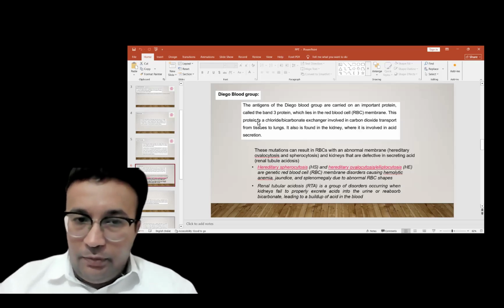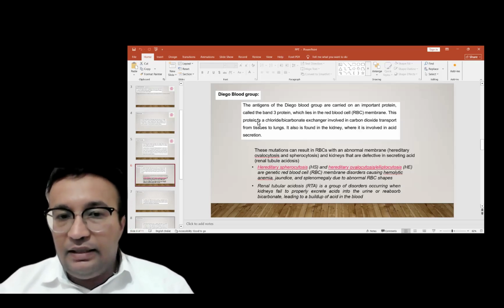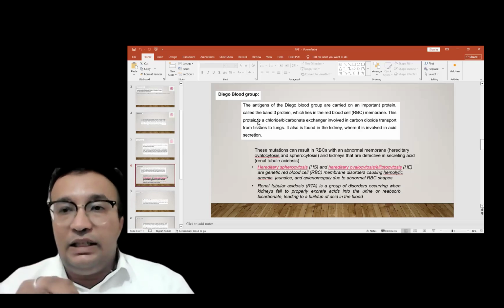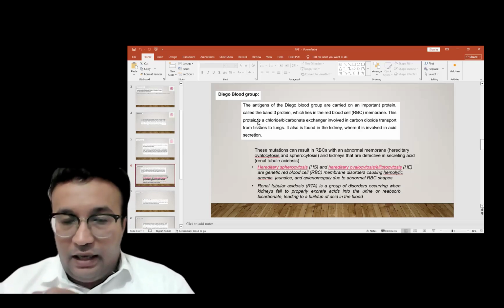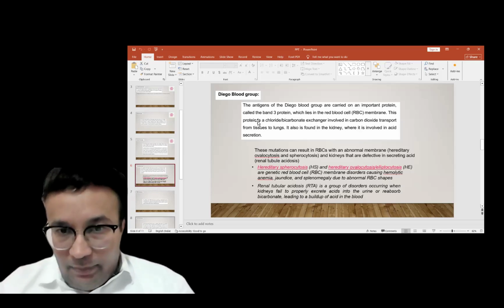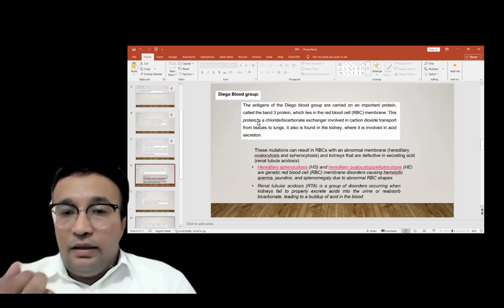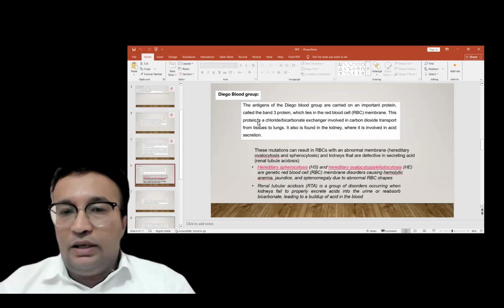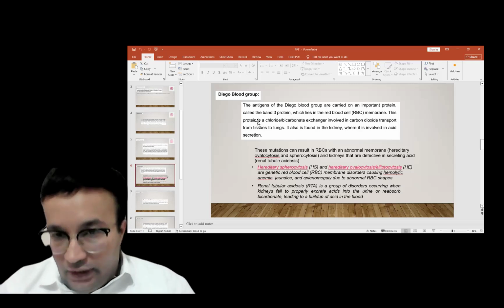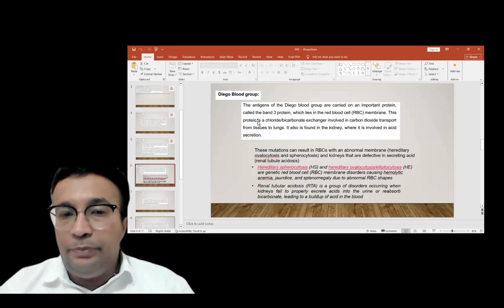So one of the mutations causes hereditary spherocytosis, which is distortion of the RBC membrane, that is, the shape of the RBC. There is another variant of this disorder that is called hereditary ovalocytosis or elliptocytosis.